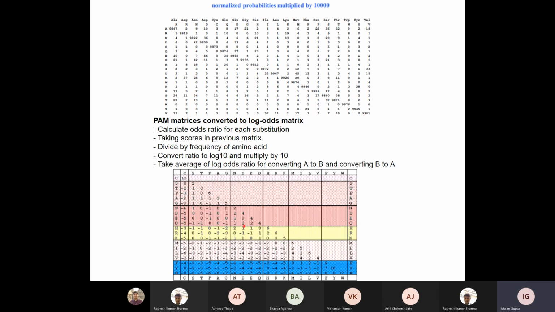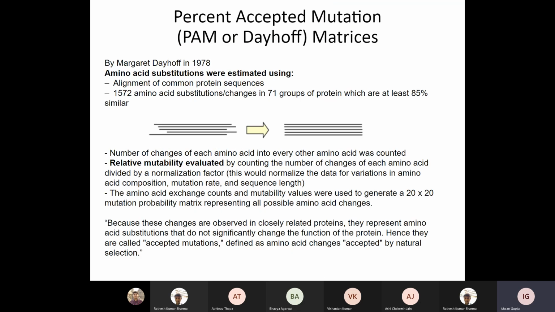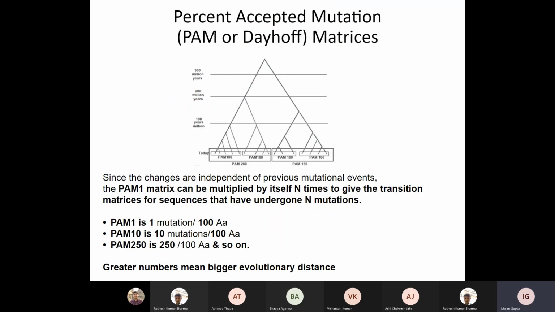Now, the assumption here is that the mutations that are happening are accepted, and these mutations are independent of each other. All right. So since these are independent mutations, each event is independent of each other. So based on a simple matrix, the first matrix that they created is called the PAM1 matrix.